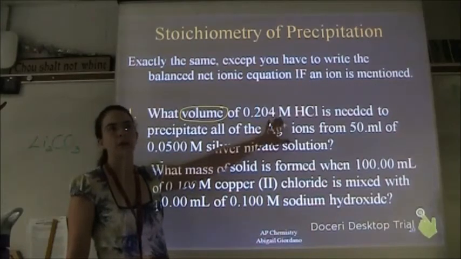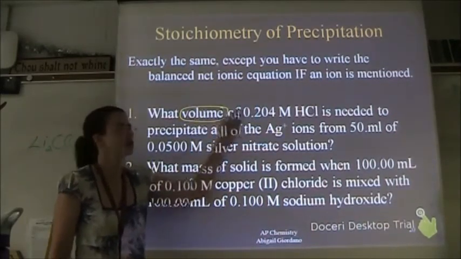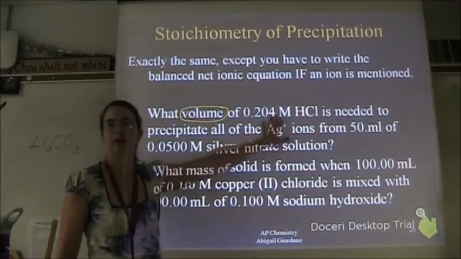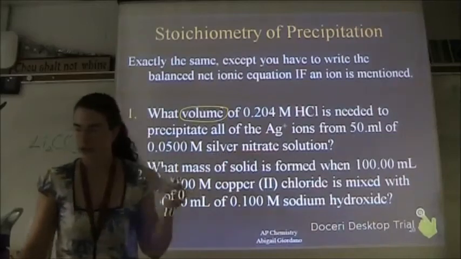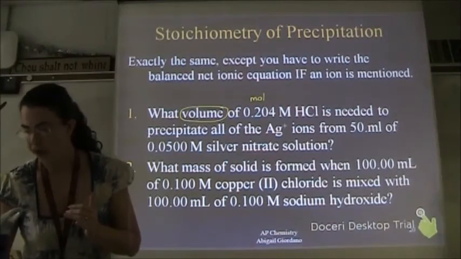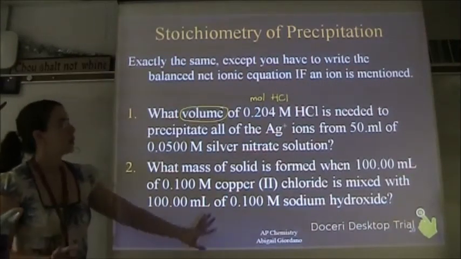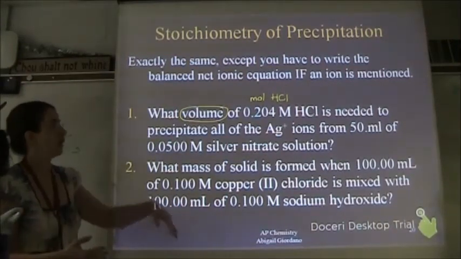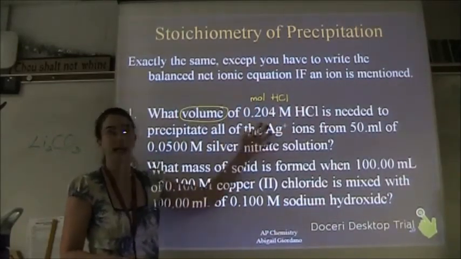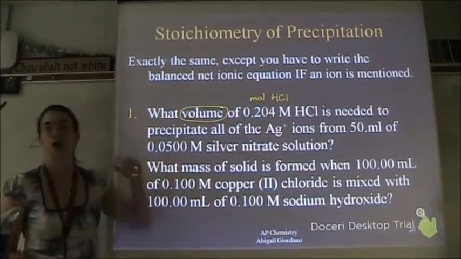If you have the molarity and you need the volume, what's the missing piece here? Think about how you calculate molarities. Moles. In this case, moles of HCl. The reason I wrote that down: if I can find this, and there must be a way to get it, if I have moles and I have molarity, I can solve this problem.